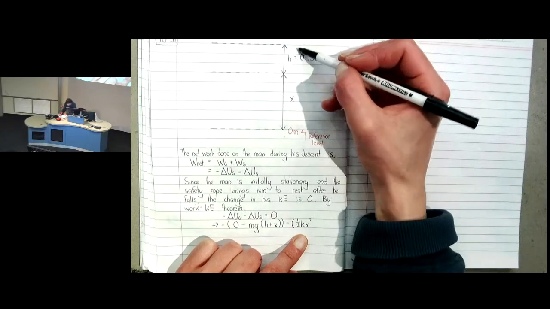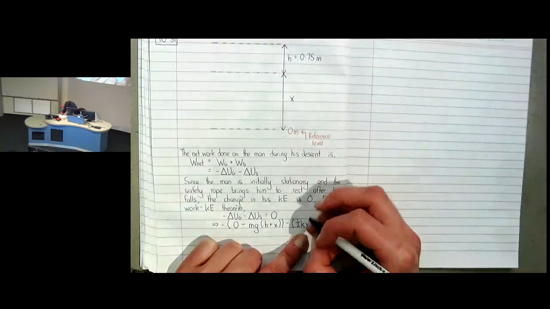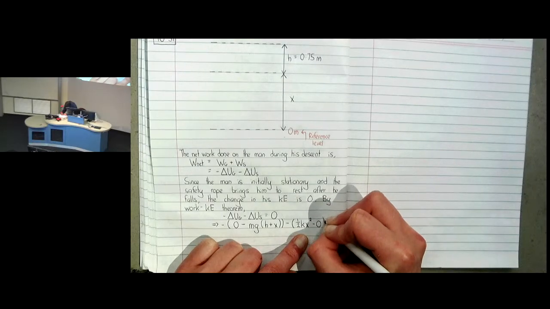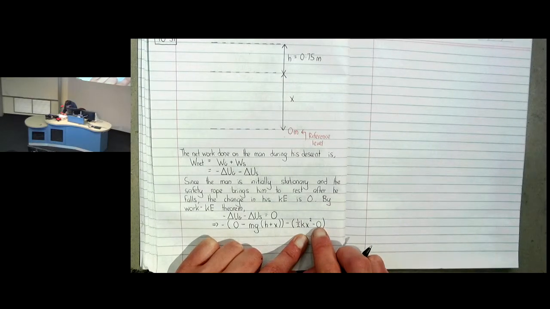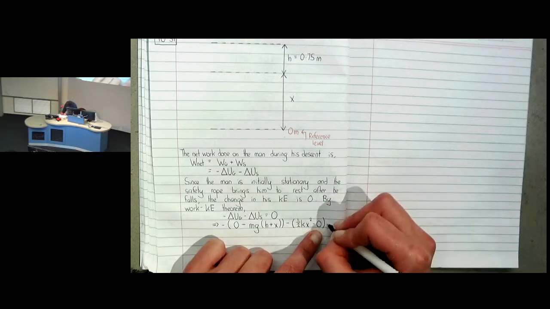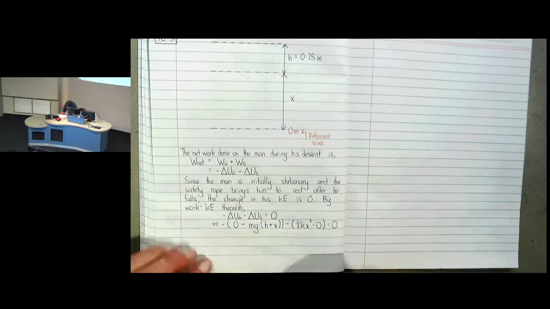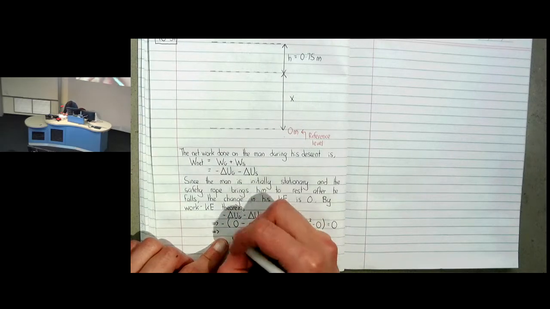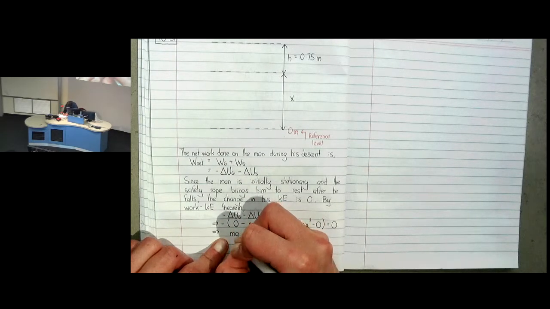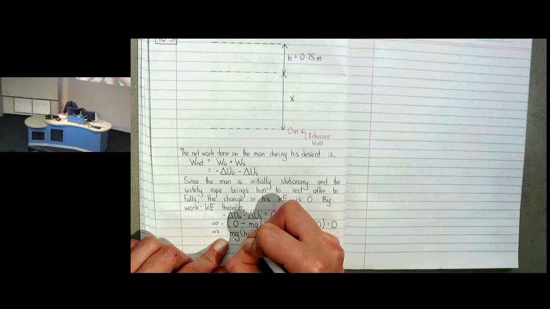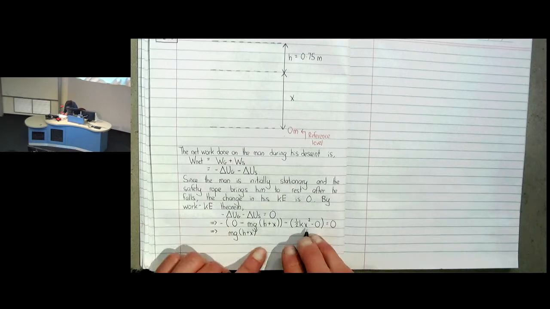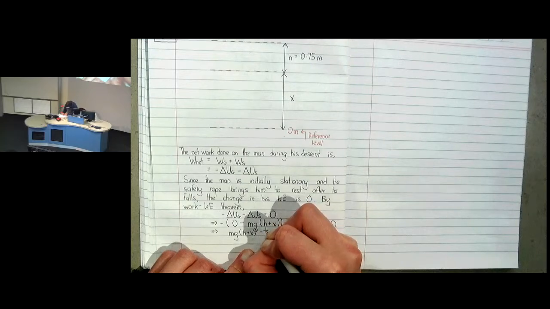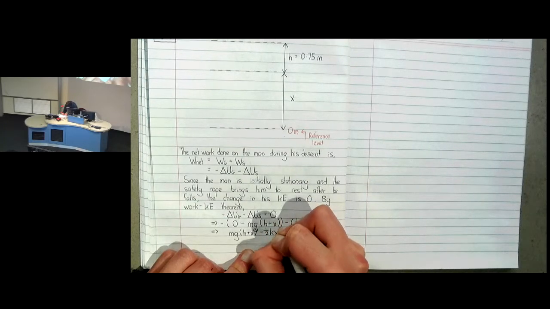So the amount of elastic potential energy stored in it was just 0. So again, we have a few zeros, so we can cancel out minus signs here. And we get, this is mg(h plus x), and then we have to take away a half k x squared.